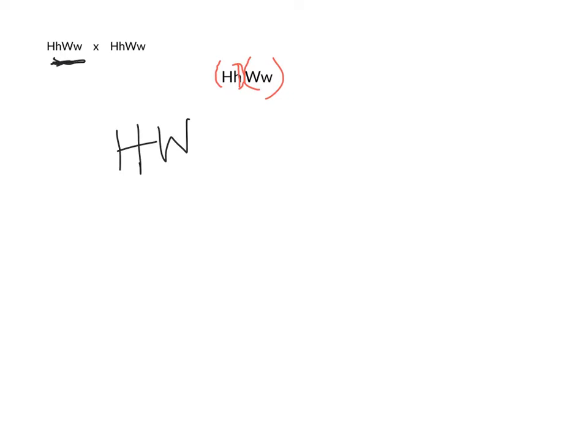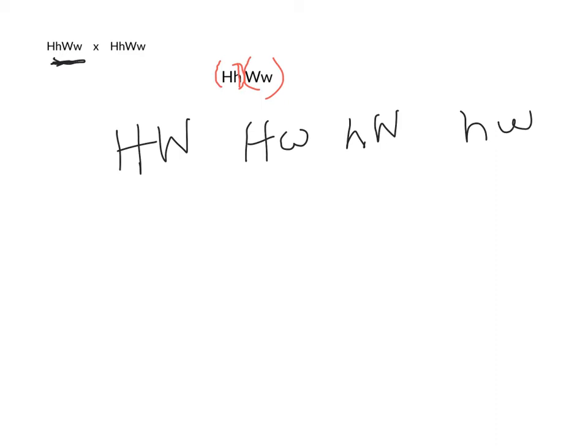They're going to get one H and one W, so we're trying to figure out all the possible combinations of H's and W's here. So the first gamete from either parent would be a big H and a big W. The second gamete, the outer, would be a big H and a little w. The inner one would be a little h and a big W, and the last one is a little h and a little w.